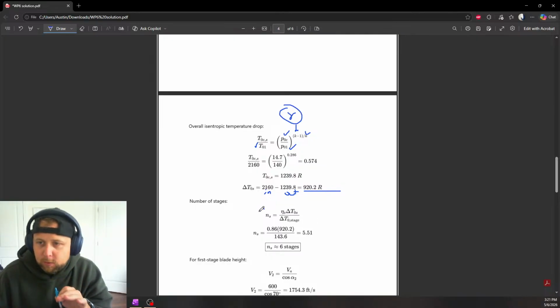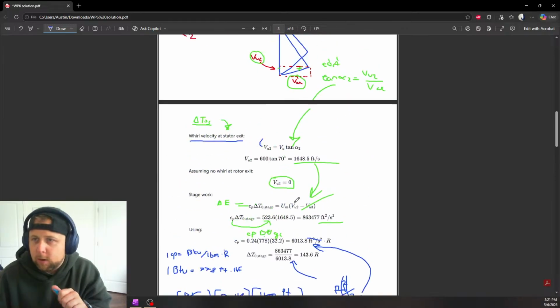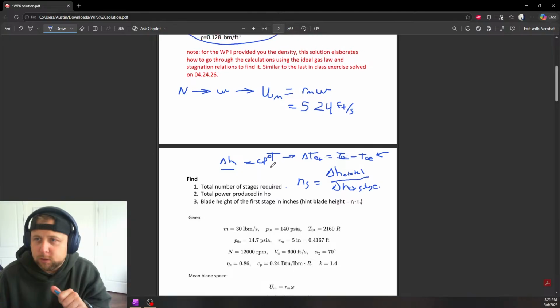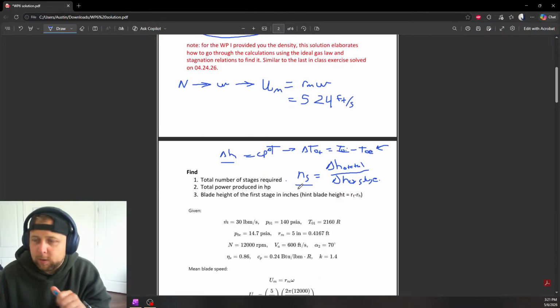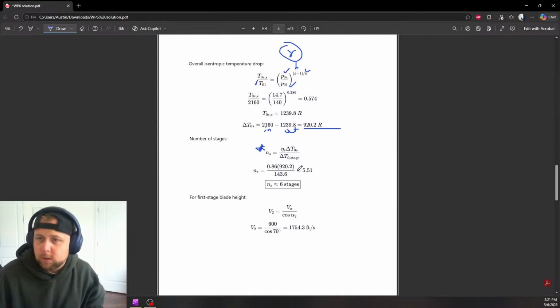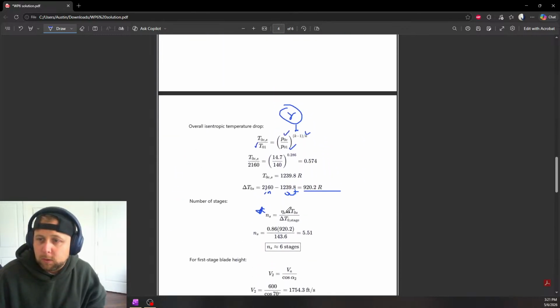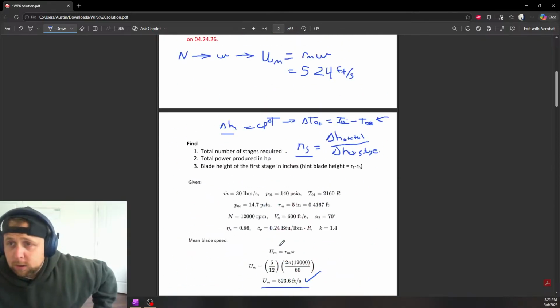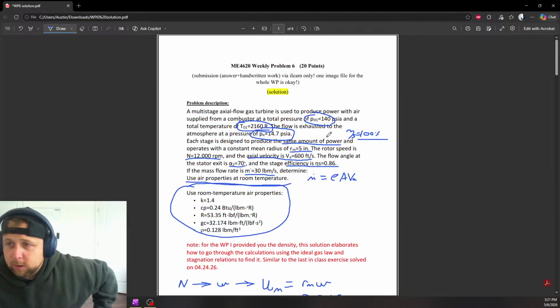So this is from our earlier talk where, right here, delta H, and we know that the number of stages is delta H over delta H. But also, we have to know that there is an efficiency, because it gave us 86 for the stage efficiency.